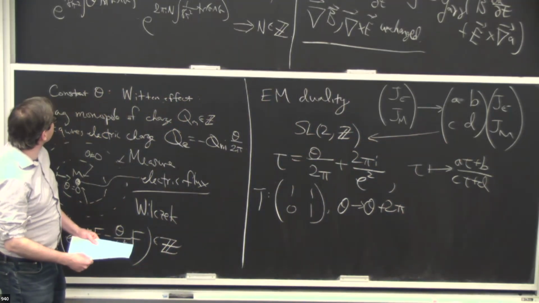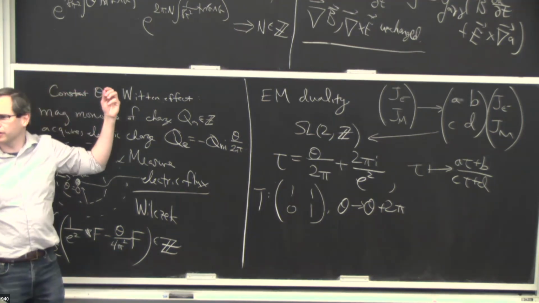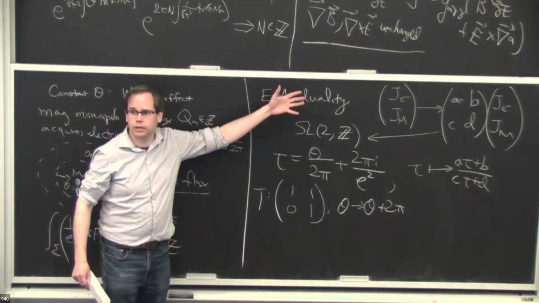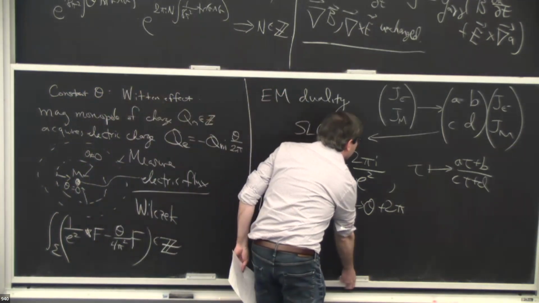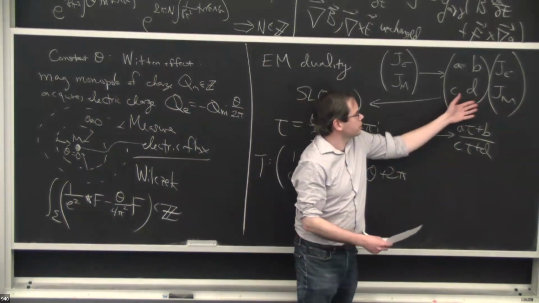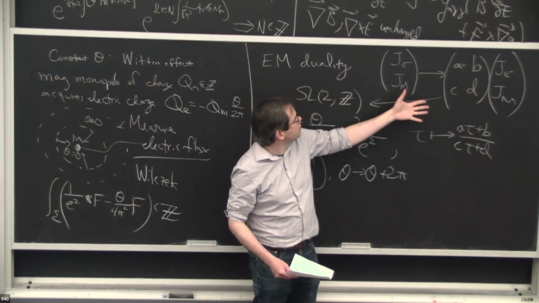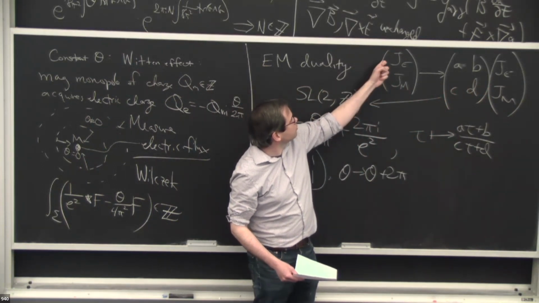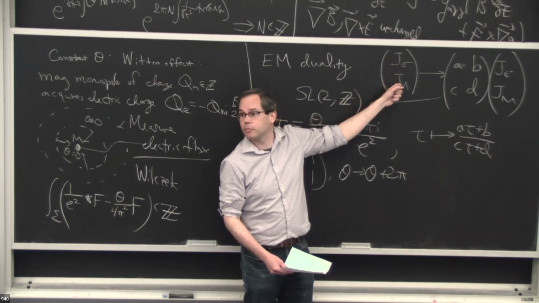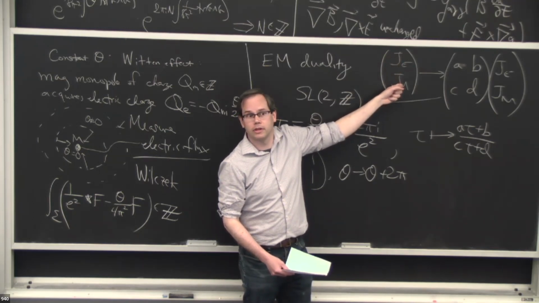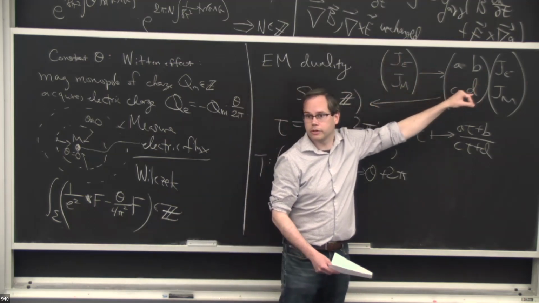So that's one way in which some of these statements I've been making about the periodicity of theta are related to this electric magnetic duality group. But another thing also happens when I do this. If the currents are changing, and I want to maintain some structure where I have some electric gauge field that couples to the electrically charged things, and some magnetic gauge field that couples to the magnetically charged things, then my electric and magnetic gauge fields themselves have to get rearranged by this duality.